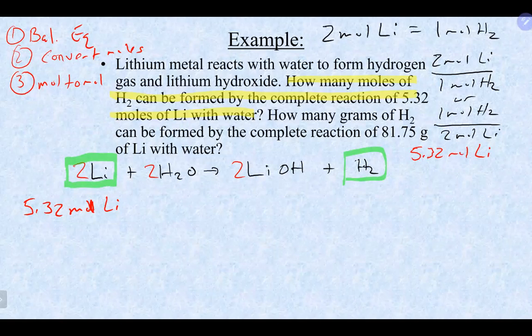You do not. That's what we were talking about a second ago. In this question, we do, because we're on opposite sides of the arrow. But if this question was something like, how many grams of water would you also need, then you would just do it between 2 and 2.